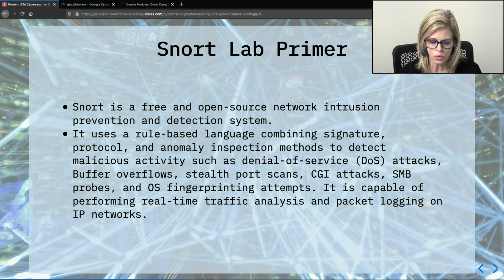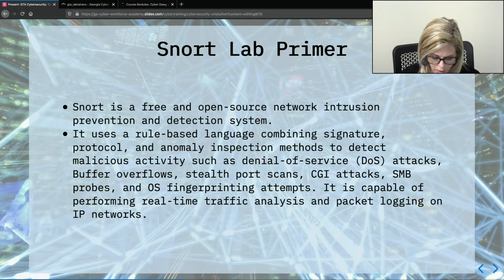So the Snort system can provide alerts to, say, a Sguil or Squert console, feeding that dashboard information so that we are notified when these attacks have occurred and we can take the appropriate action.